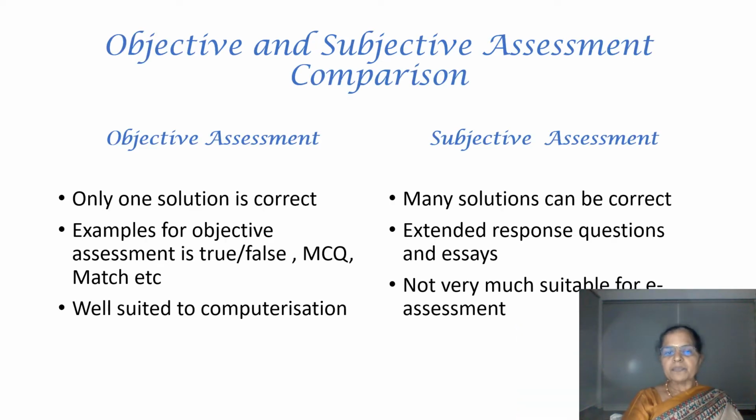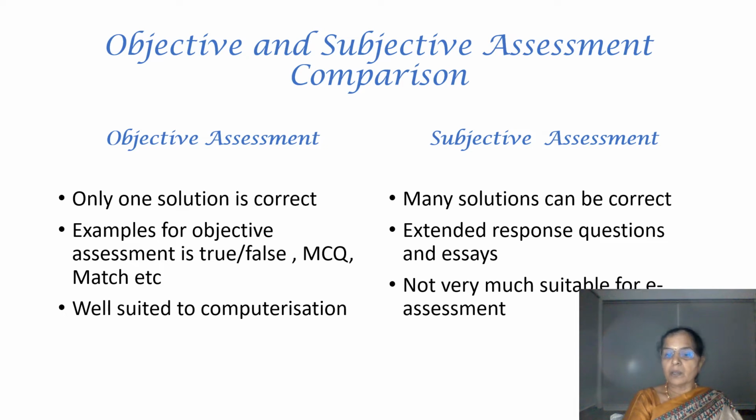The objective and subjective assessment. We discussed these two terms, objective and subjective. Objective is without any bias. So what is objective assessment and subjective assessment? Here in objective assessment, there can be only one solution which is correct. Usually in all the objective type of questions.